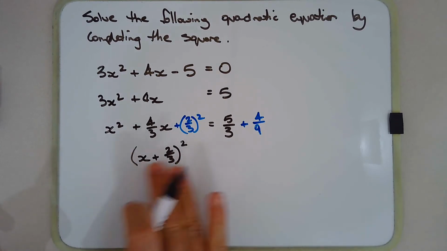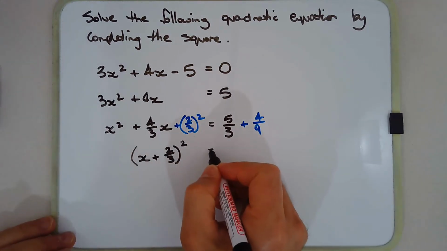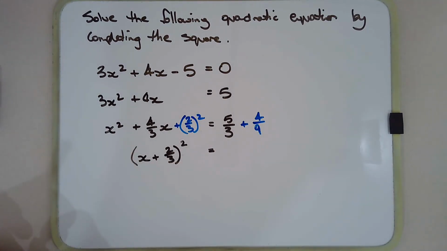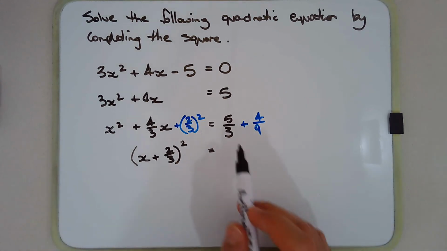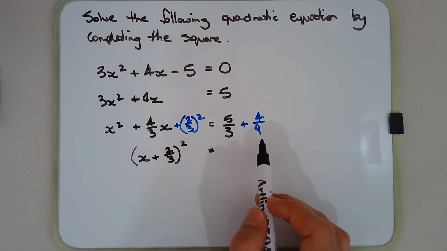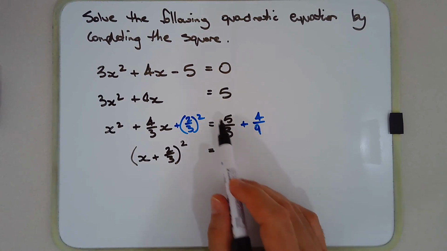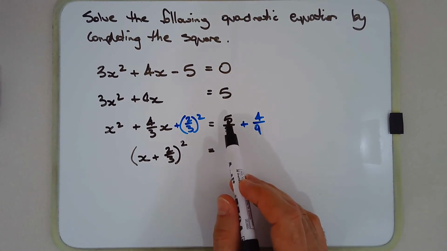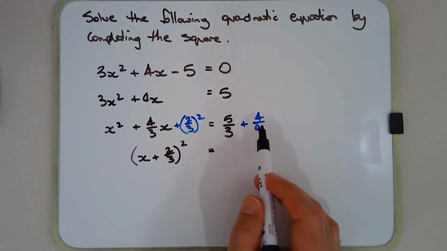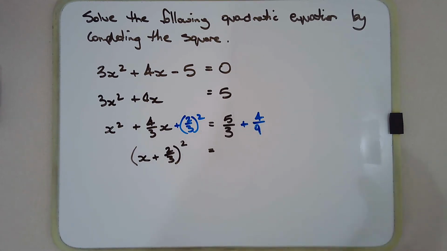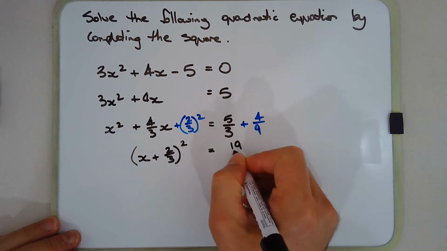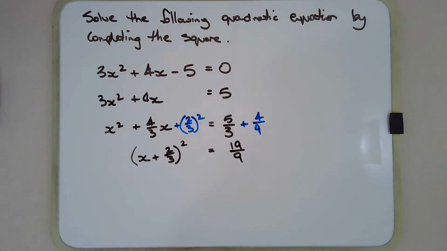It's something squared, and we'll get to the significance of this shortly. And 5 on 3 plus 4 on 9: you can combine the denominators. If you multiply top and bottom by 3 on 3, we get 15 on 9, 15 plus 4 is 19, so we have 19 on 9. A nice clean expression there.